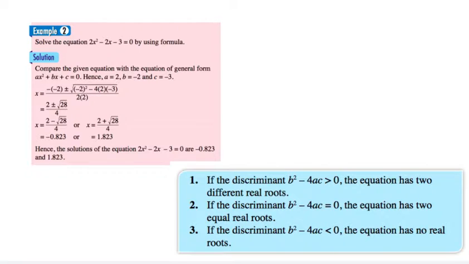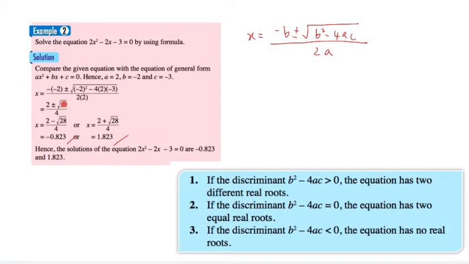So now, this is the formula: x equals negative b plus minus square root of b squared minus 4ac over 2a. Inside here we call the discriminant because, if inside the square root is, say, 28, then with the plus minus you can find two answers.